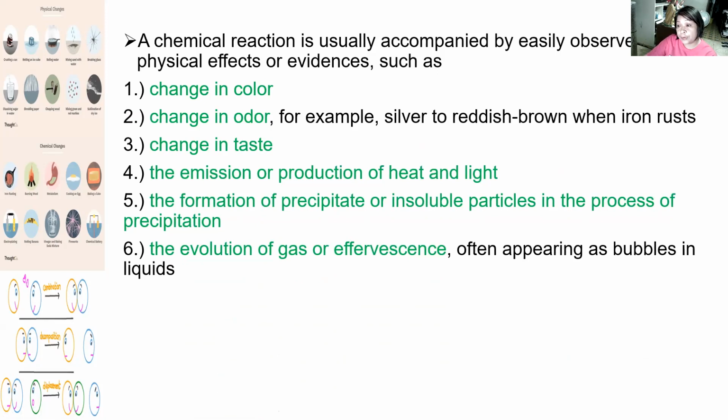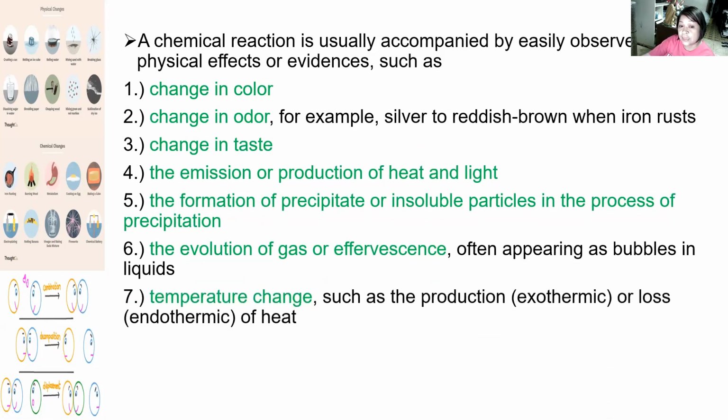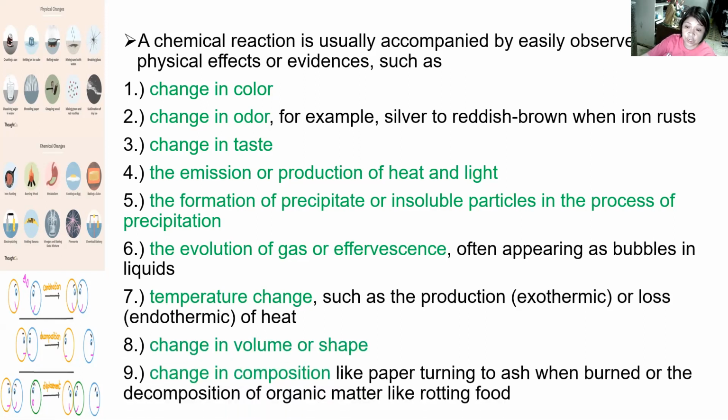Effervescence often appears as bubbles in liquids. 7, temperature change, such as the production (exothermic) or loss (endothermic) of heat. 8, change in volume or shape. Number 9, change in composition, like paper turning to ash when burned, or the decomposition of organic matter like rotting food.